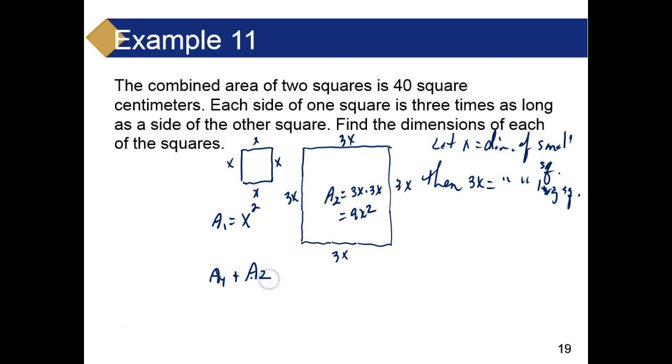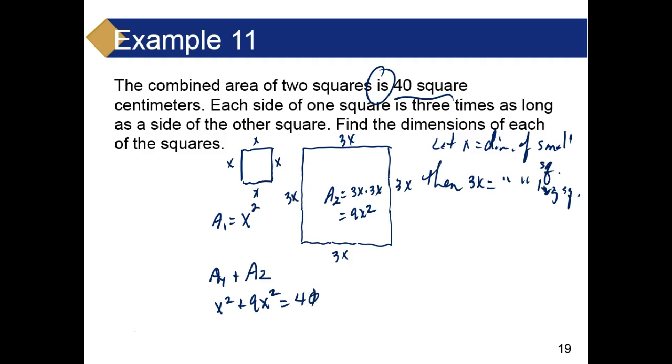Is that what you said? So x squared plus 9x squared is equal to, read the sentence, 40 square centimeters. I'm going to leave off the units for now, but we'll go on.